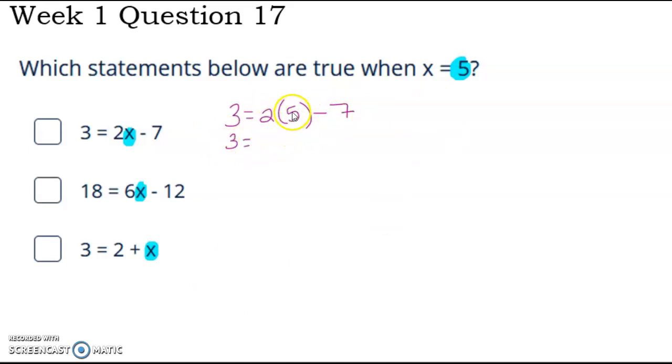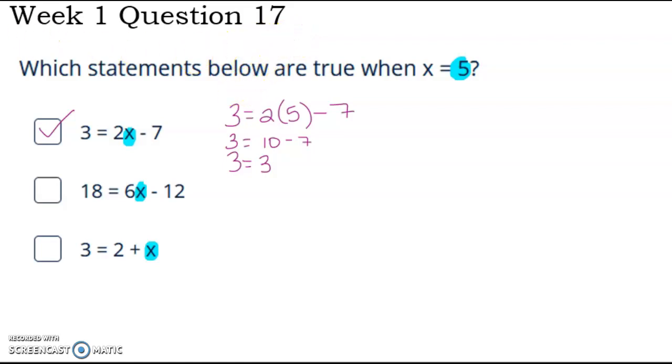We know that multiplication comes before subtraction. 2 times 5 is 10, and I'm just bringing down that minus 7. Try not to do more than one step at a time, okay? So then we have 3 equals 10 minus 7, which is 3. So that is a true statement. So when I plugged in 5, I got the right answer.